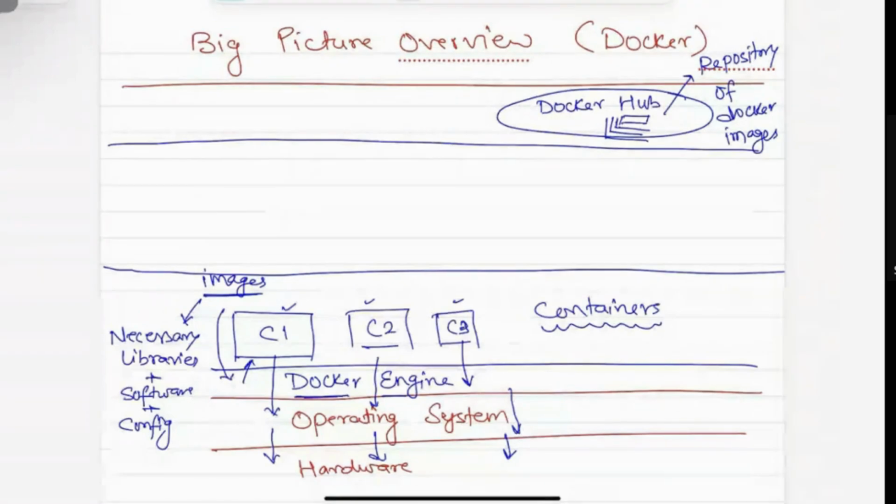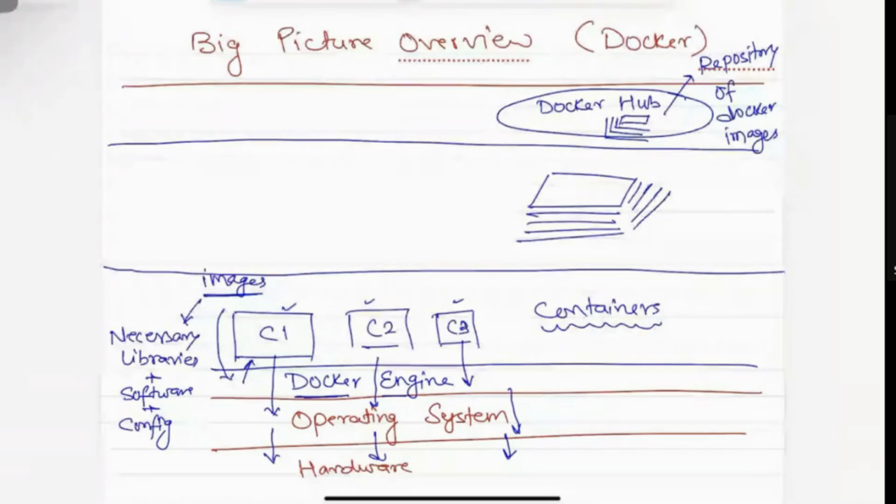Now we have a laptop where we download these images. Who downloads images for us? These are images on our laptop. This is our laptop overall. How do we download an image?